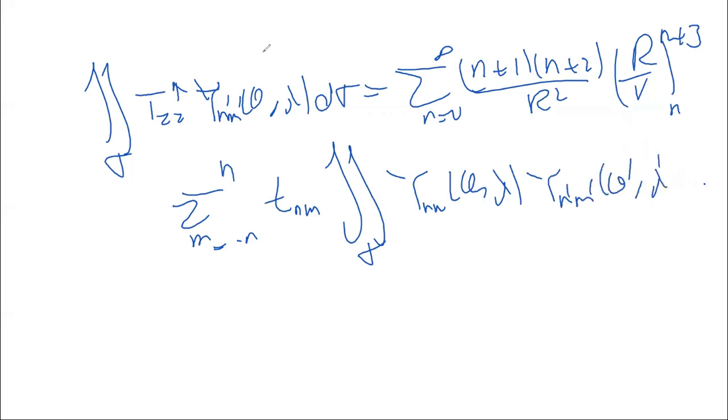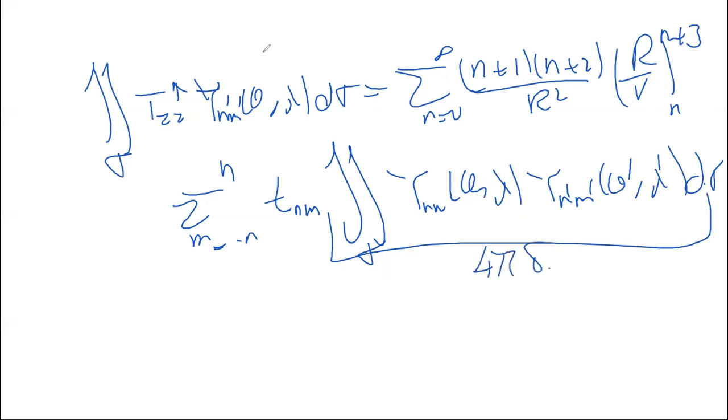Theta prime of lambda prime, this sigma. So what is it? This is based on the orthogonality properties of the spherical harmonic. It will be 4 pi n minus m n minus. And this summation will be non-zero when n is equal to n prime or m is equal to n prime. Therefore, all these things, this summation will disappear.